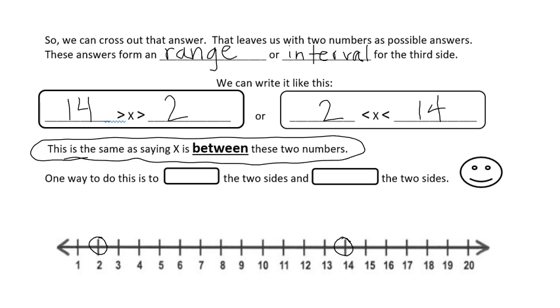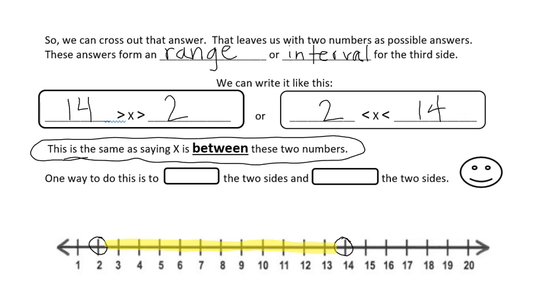It also does not have an equal sign. And I'm going to grab my highlighter, and I'm going to show you all the possible solutions for the third side are in that yellow region. Any number between 2 and 14 is going to work.